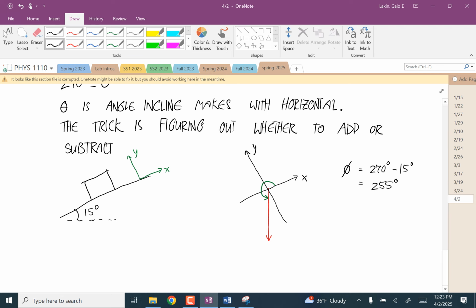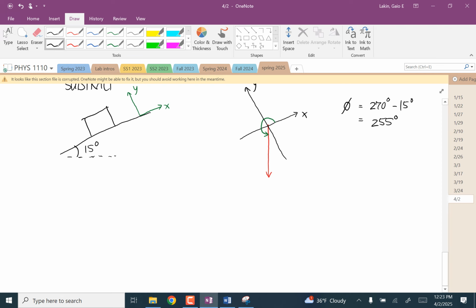So let me show you one that's the other way, and it's just the other way that an incline can face. So let's say this time this angle is 20 degrees. The coordinate system, draw the y-axis pointing out. X is along the surface. And now I'm going to draw, so here's my coordinate system.